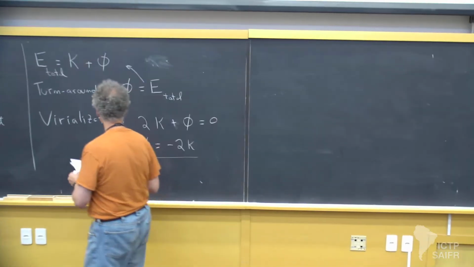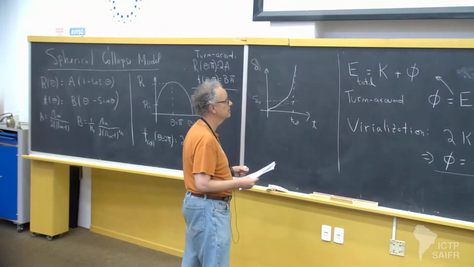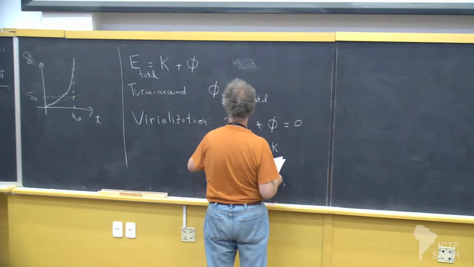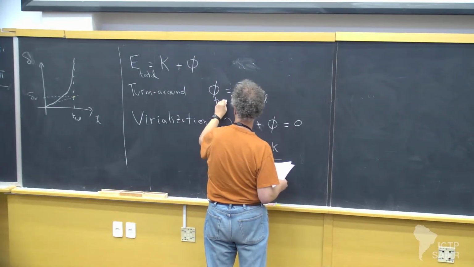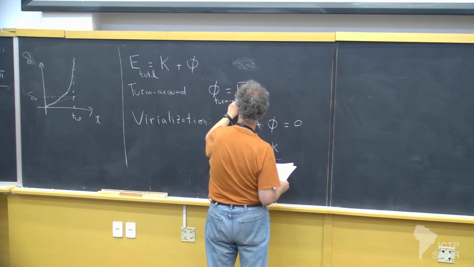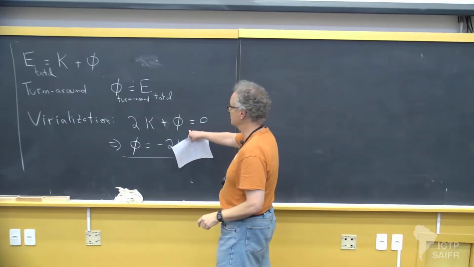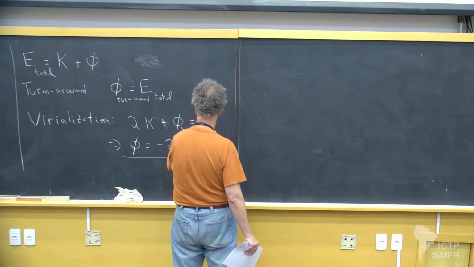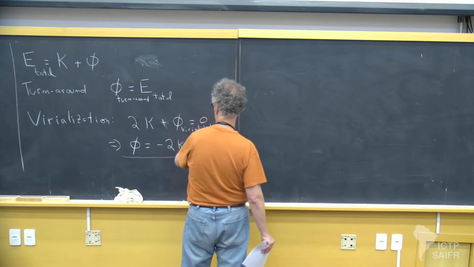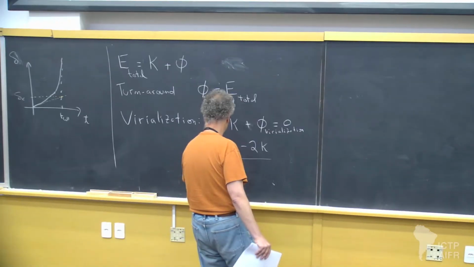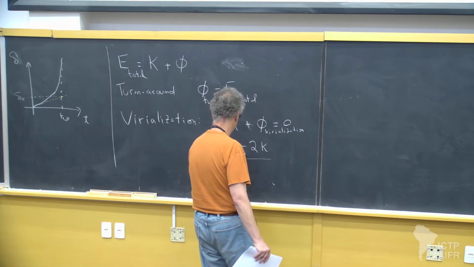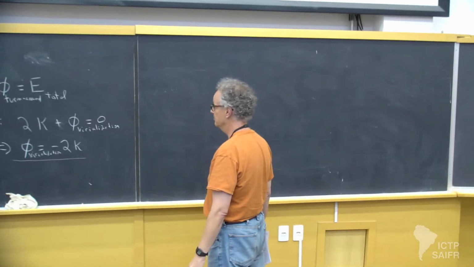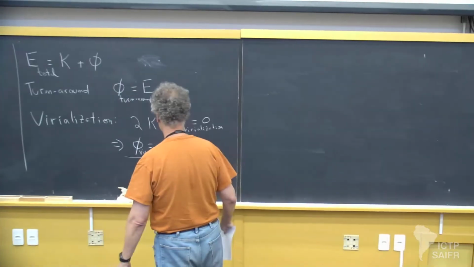Sorry, this is the potential energy at turnaround, okay? And I want to compute the potential energy at virialization. At virialization, this is minus 2 times the kinetic energy at virialization.